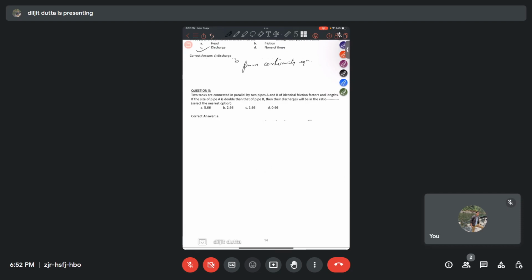Now two tanks are connected in parallel by two pipes A and B of identical friction factors and lengths. If the size of pipe A is double that of pipe B, then their discharges will be in the ratio of?